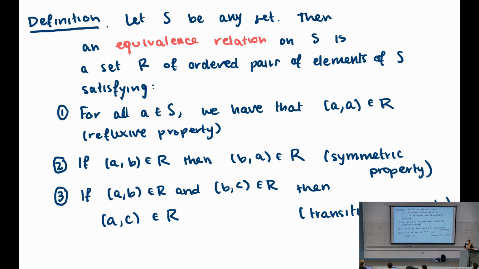Yeah, so if you have the symmetric property, then the order doesn't matter, but I guess you could have something that's not an equivalence relation, and then it would be important that those are ordered. So once you have a relation and you know that it's an equivalence relation, then the order doesn't matter. Yeah, other questions?